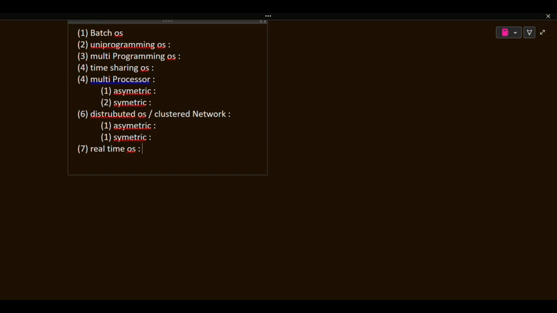In all these examples, the program should be executed before the deadline. It's very important. In such cases we use real-time operating systems.